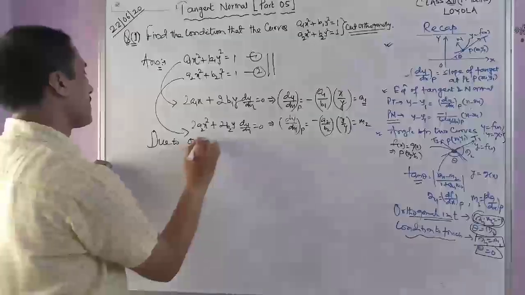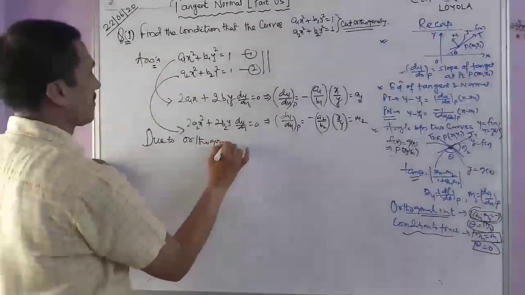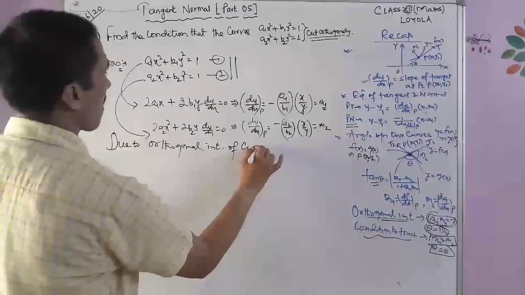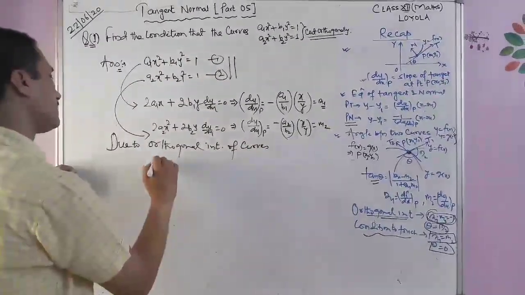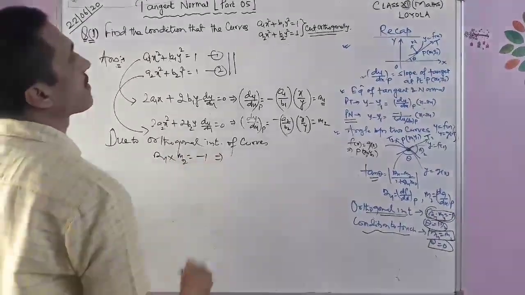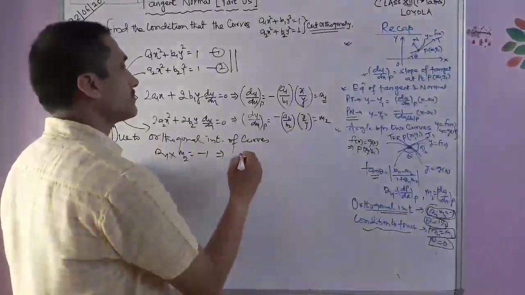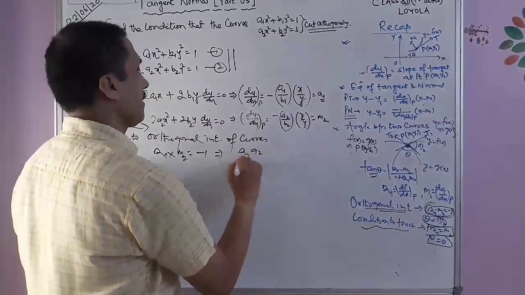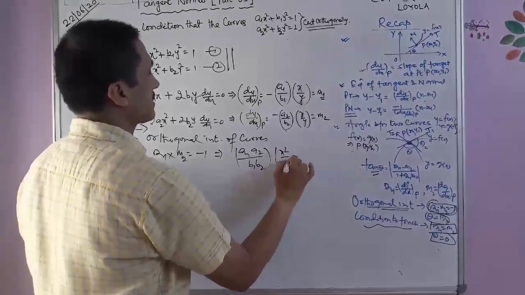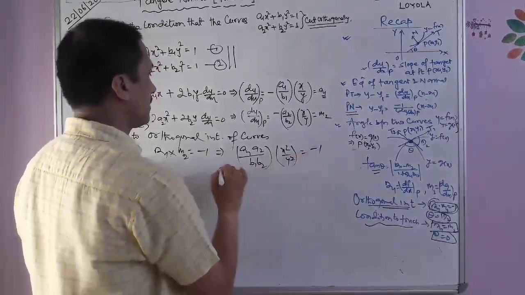Due to orthogonal intersection of curves, m1 into m2 equal to minus 1. This implies a1 a2 upon b1 b2 into x square by y square equals minus 1.